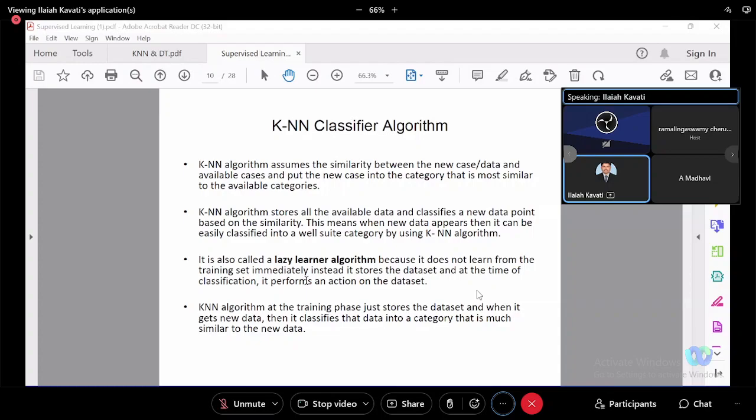The training data is stored in a table, and when a new occurrence appears, this new data point is compared with all the table records.